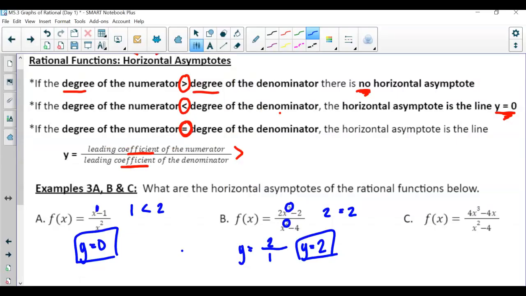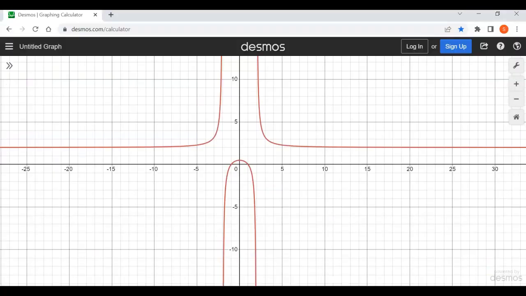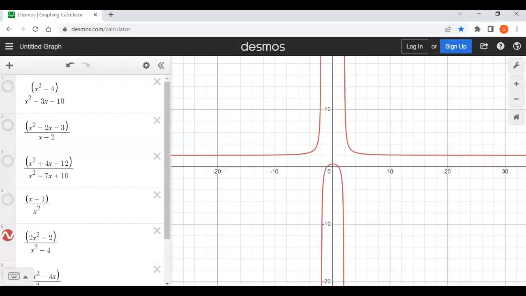Then the last one. The degree here is 3, and the degree in the denominator is 2. So comparing 3 to 2, 3 is greater than 2. So when it's greater than, we have no horizontal asymptote. So there is none. Let's go back and see the graph.